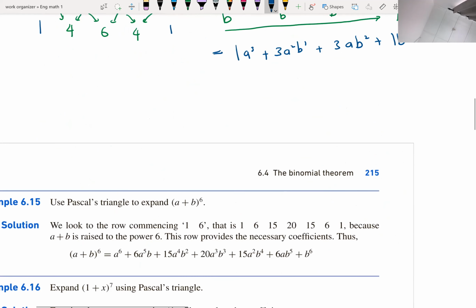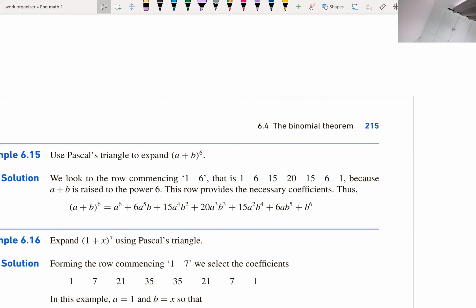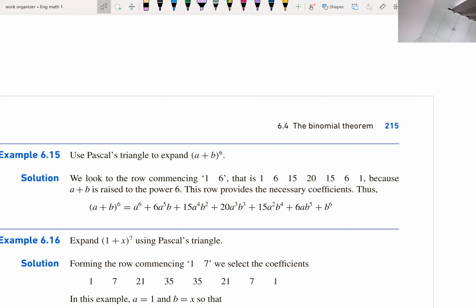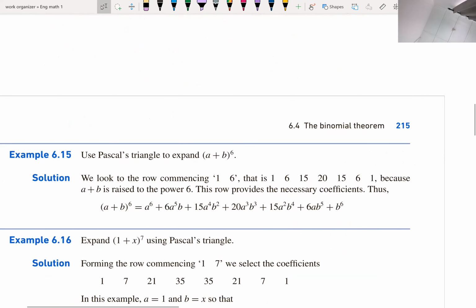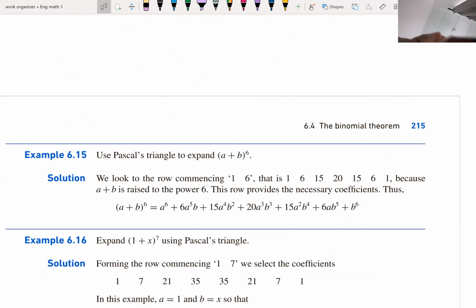Next, now we are going to this example: use Pascal's triangle to expand a plus b to the power of 6.